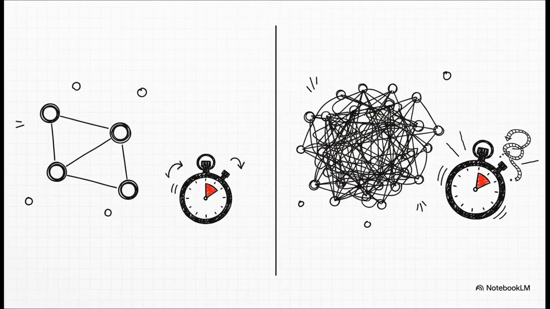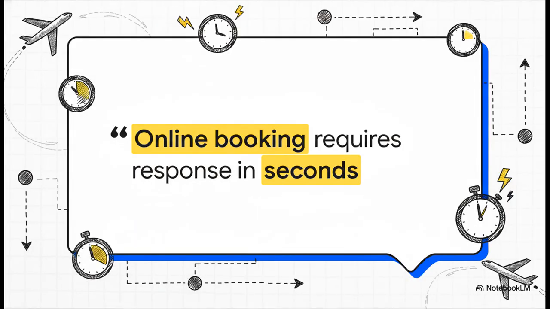The real question for a computer scientist is, how much harder? Does it get a little slower, or does it grind to a complete halt? And this is exactly why it matters. Because you, me, all of us, when we're booking a flight, we expect an answer pretty much instantly. An algorithm that finds the absolute perfect route but takes an hour to do it, it's completely useless. The real world demands speed, and that pressure is what drives the search for these super efficient algorithms.